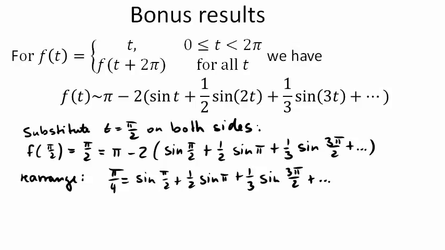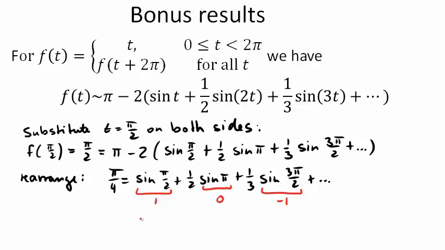Now, as it turns out, sine pi on 2 is equal to 1, sine pi is 0, sine 3 pi on 2 is negative 1, and this pattern continues with the next one being 0, then 1 again, then 0, then negative 1.